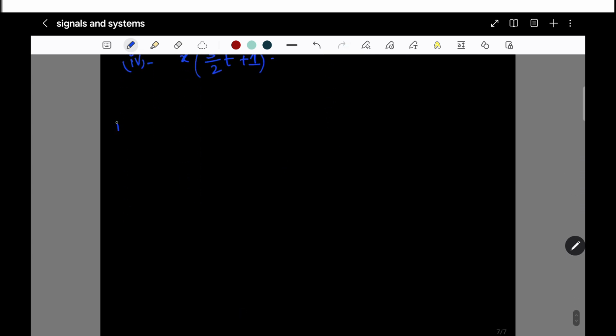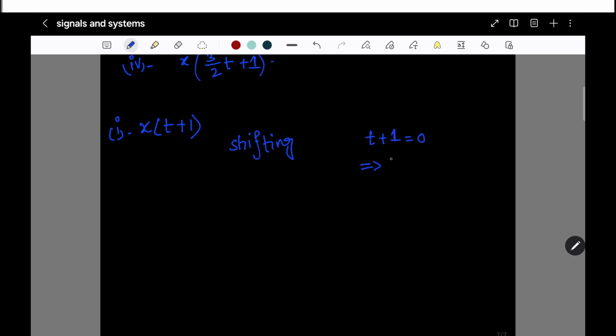So let's look at the first part, which is x of t plus 1. Here you simply have the shifting, no other operation. For the shifting we said that t plus 1 is equal to 0, so t is equal to minus 1, and the minus sign is saying that you have to shift to the left side by 1.